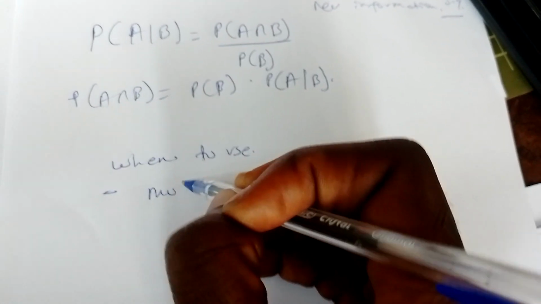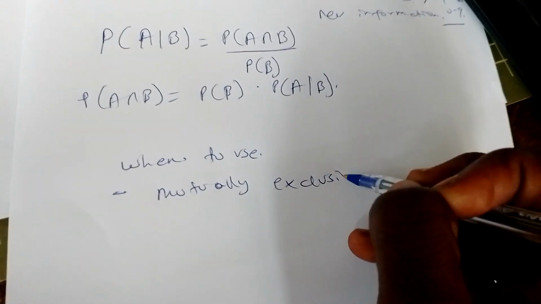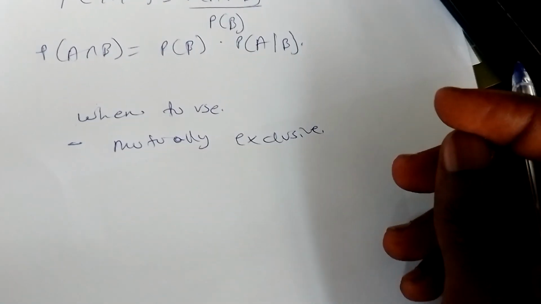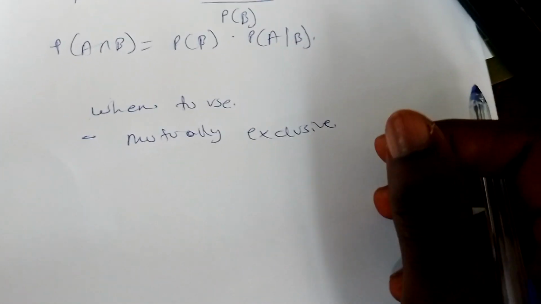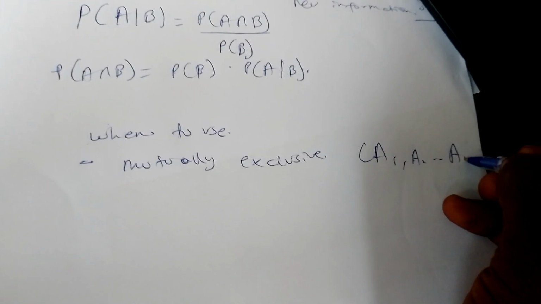So what are mutually exclusive events? Let's say they are independent of each other, so the occurrence of one does not depend on the other. You can have a set of them: A1, A2, up to AN.